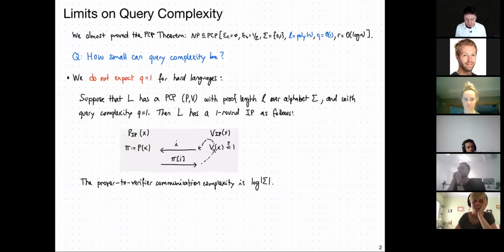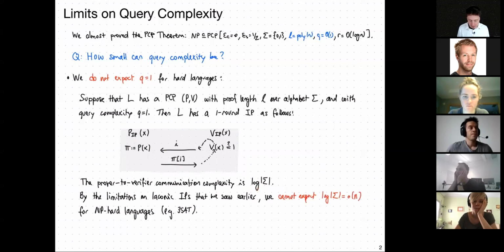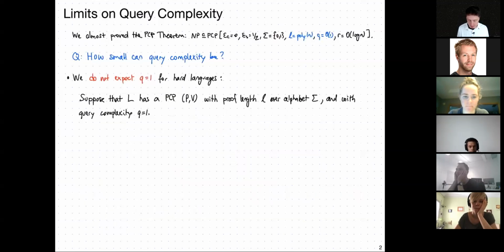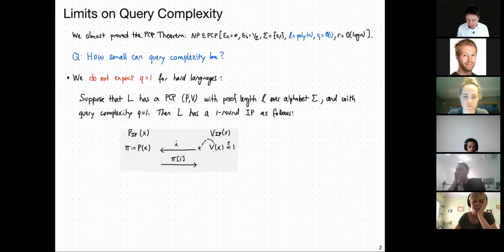And so first, the prover to verifier communication complexity is small. We don't really pay for the whole proof length, we just pay for this single alphabet symbol, which is log sigma bits. And we see that this simple construction works precisely because there's only 1 query, right?